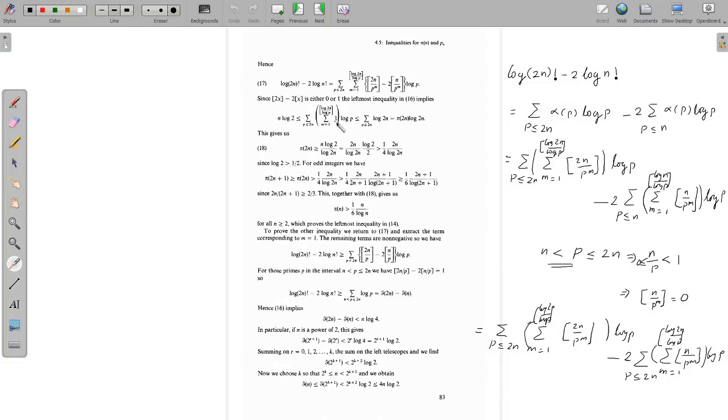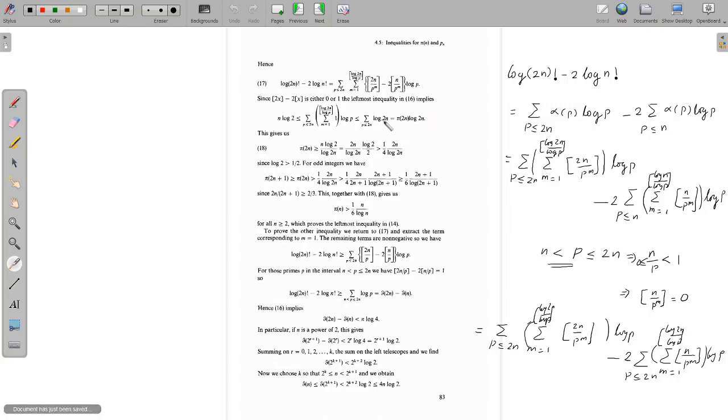Okay, now this bracket is nothing but 1 plus 1 plus up to the integral part of this. Okay, so that is integral part of log 2n by log p, and log 2n by log p is always greater than or equal to its integral part. So I replace this by log 2n by log p. So now we have sigma p less than or equal to 2n of log 2n by log p into log p. So we can cancel this log p, then we will get sigma p less than or equal to 2n of log 2n, that is equal to pi of 2n log 2n.